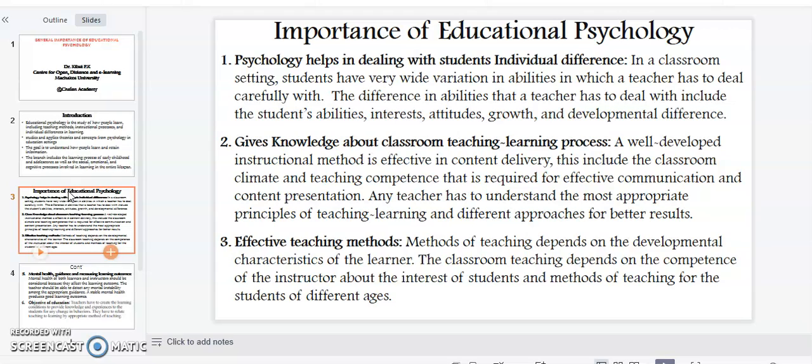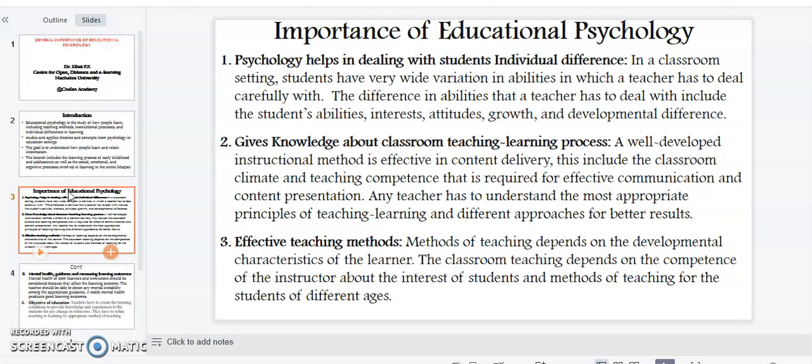In a classroom setting, students have very wide variation in abilities, which a teacher has to deal with carefully. The differences include students' abilities, interests, attitudes, growth, and developmental differences.